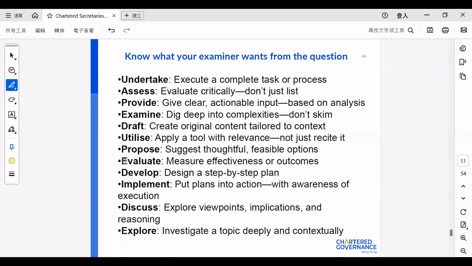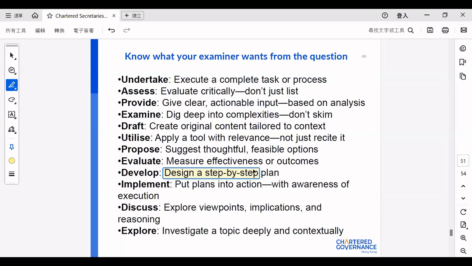It's about implementation. And when you need to develop, probably you need to design a step-by-step plan. You lay out different phases, right? Maybe a goal setting phase, a resource allocation phase, a timeline, and think about this. So all these are very practical questions.